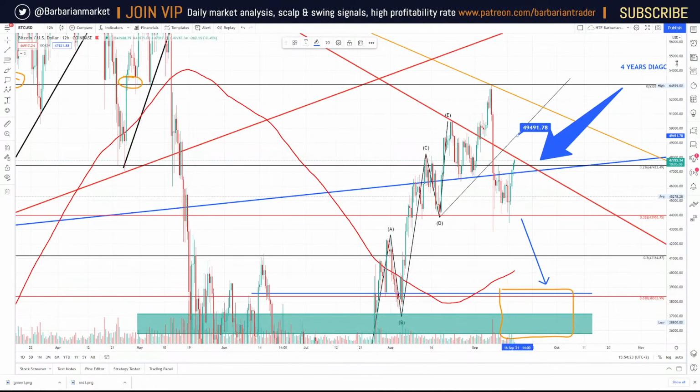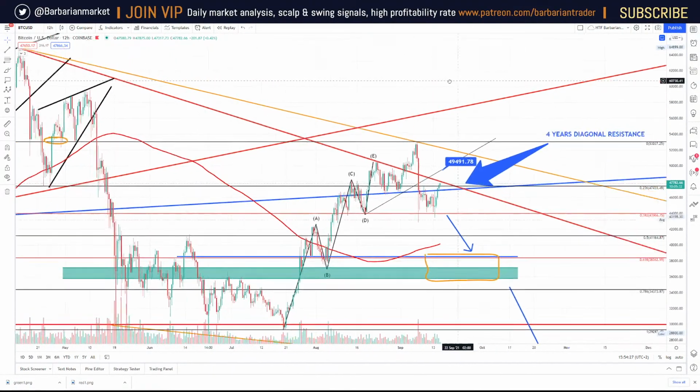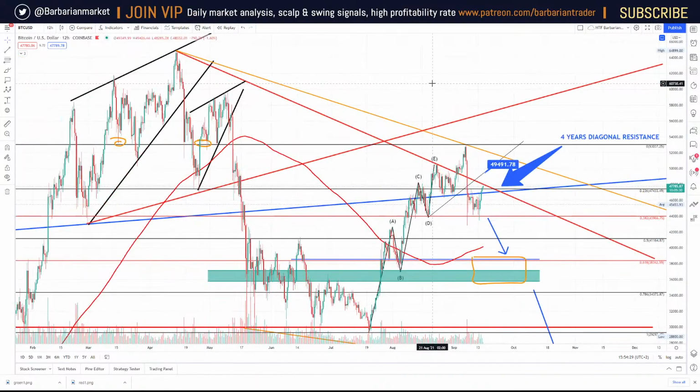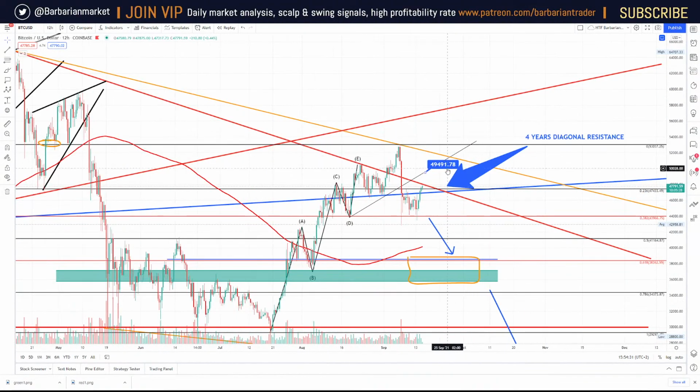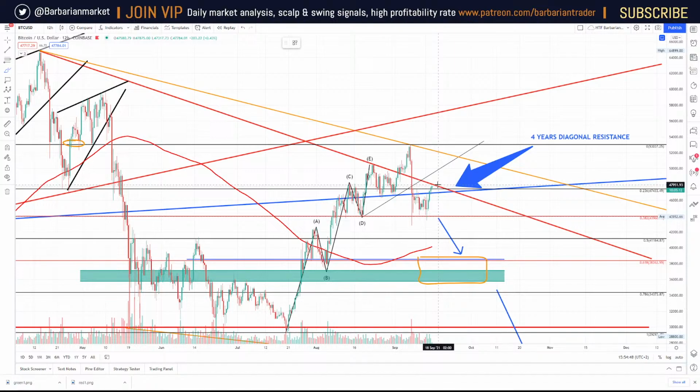So practically, let's also talk about what needs to happen for me to be a little more bullish. Okay, let me clean this. You see, I marked here the 4 years diagonal resistance, this blue one, right? So let's say that we break this red diagonal resistance, okay? And we test the support, then the next resistance will be here, right?